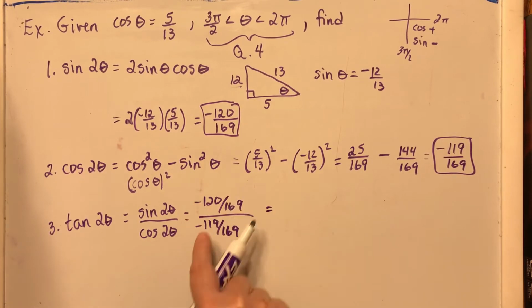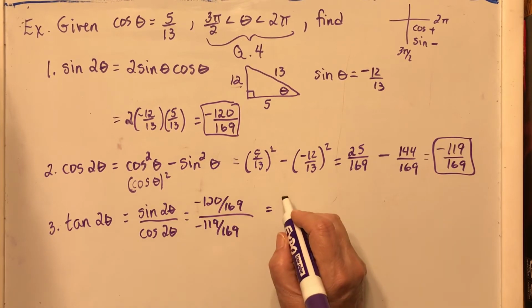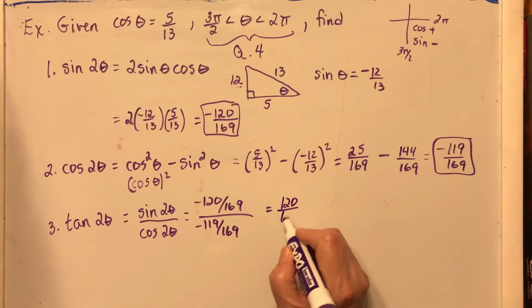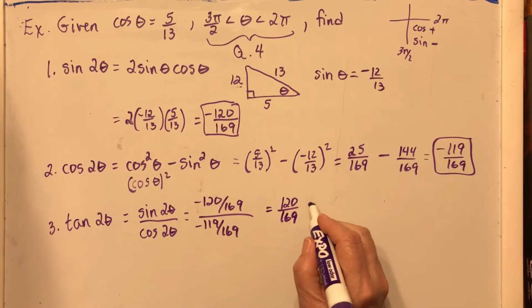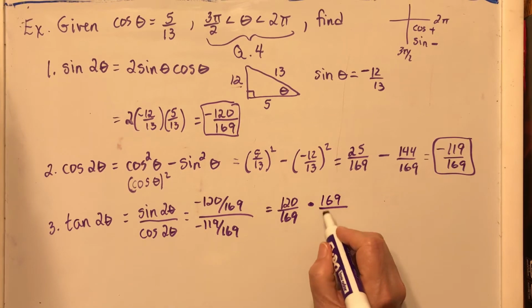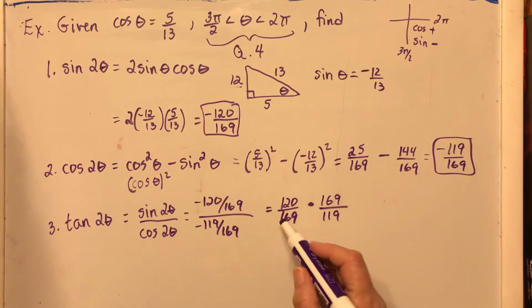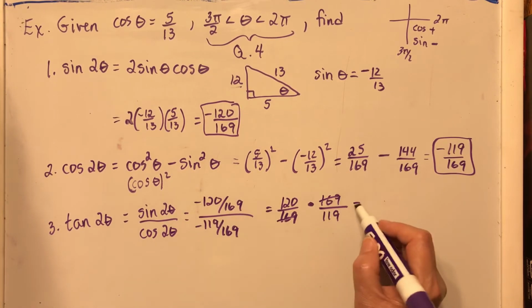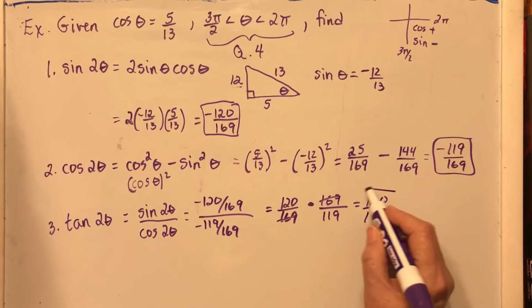First of all, the negative over a negative, I know my answer is going to be positive, so I'm going to ignore the negatives now. So that's 120 over 169 divided by this fraction, so it's going to times the reciprocal of that over 119. And again, I'm not writing the negatives because they already canceled each other out, just like these 169s do. So our answer for the tangent is 120 over 119.